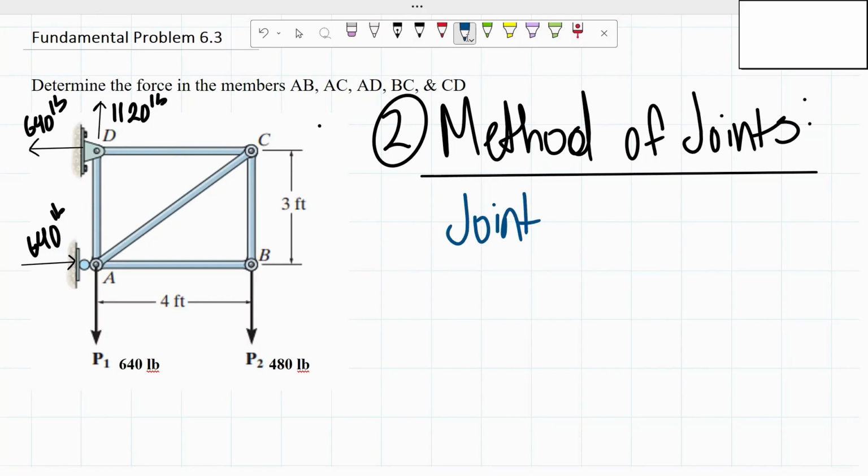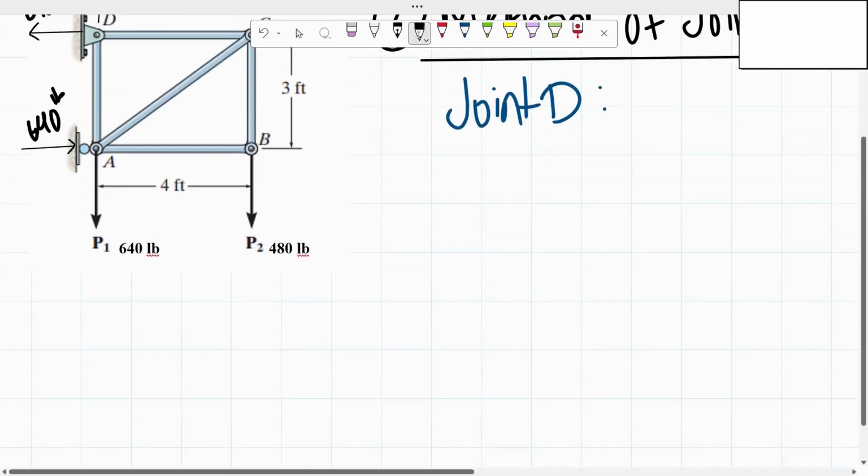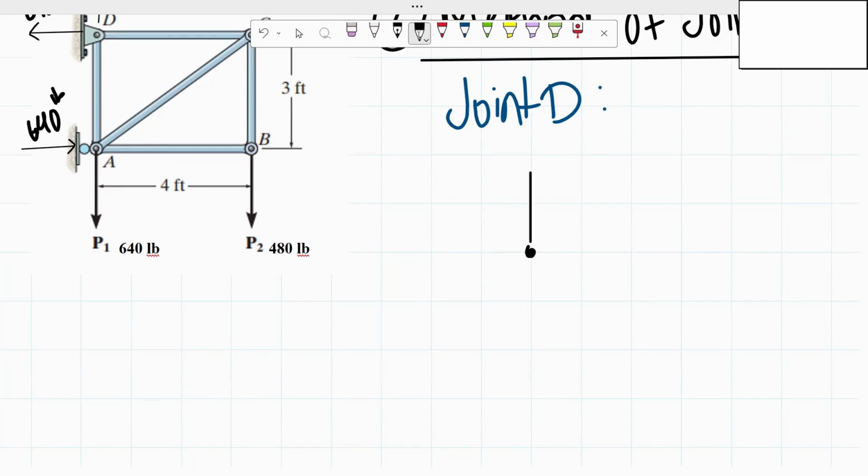So I'm going to start off with joint D. If we draw out joint D, which is right there, we have our reaction D_y going upwards with a value of 1,120 pounds. From there, we have our reaction D_x going to the left with a value of 640 pounds.